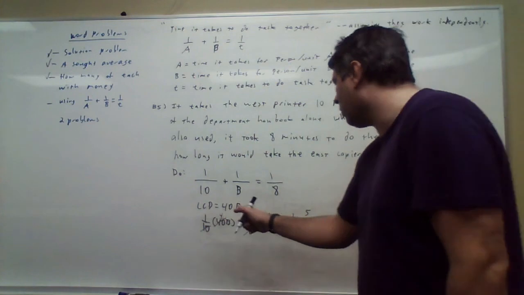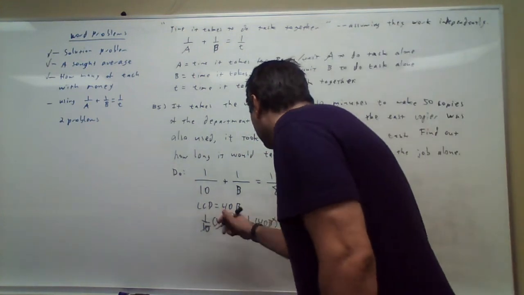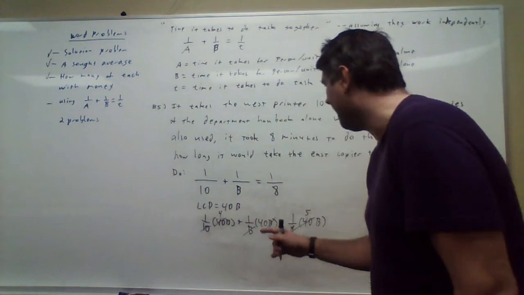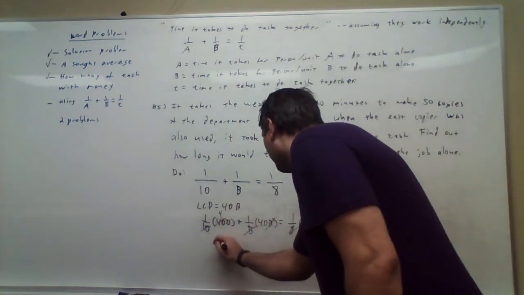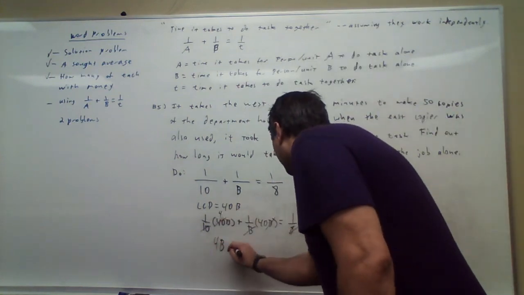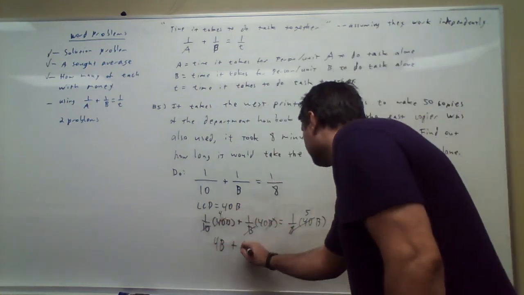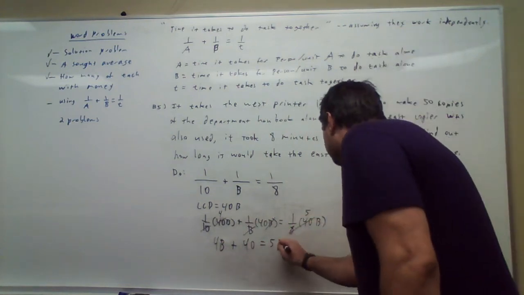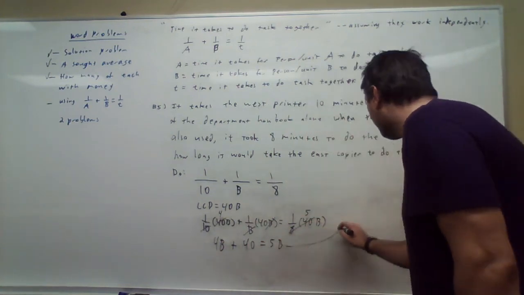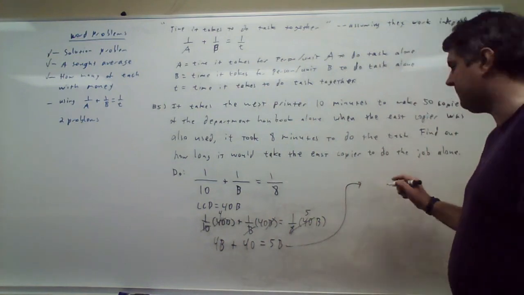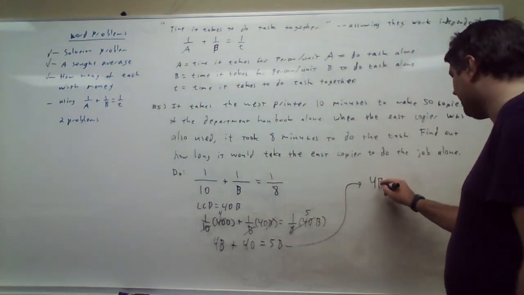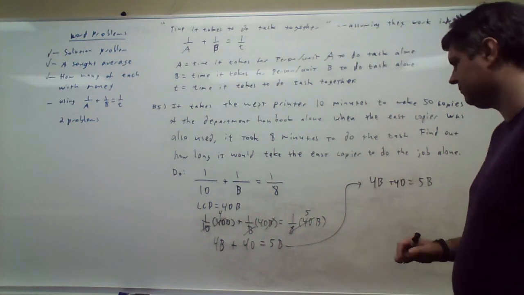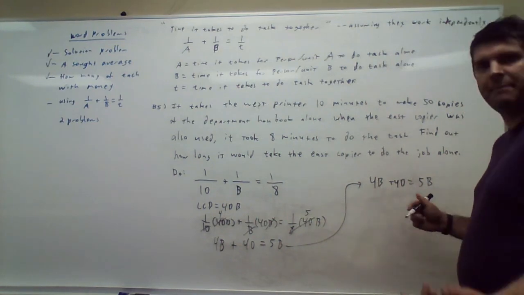Okay? So 1 times 4, let me write this a little bit bigger. 1 times 4 gives me 4B plus 40 equals 1 times 5 is 5 times B. Let me move this problem over here, copy it, and finish it. So 4B plus 40 equals 5B. I've got B's on both sides.